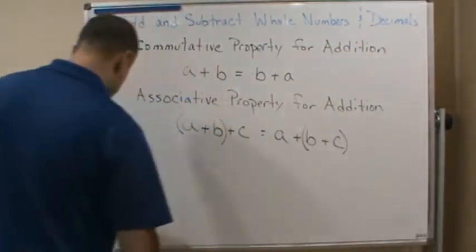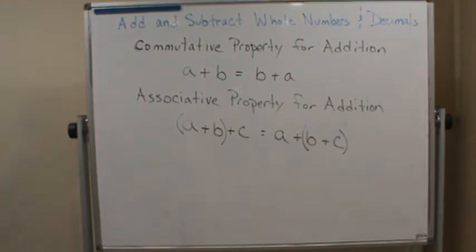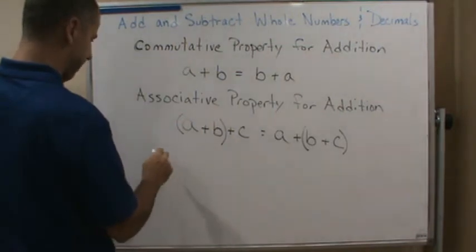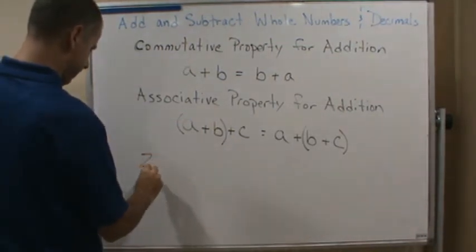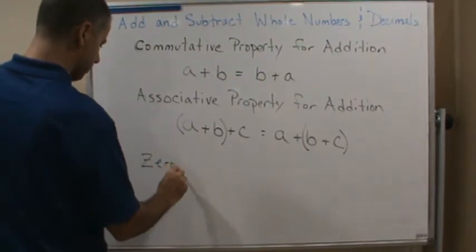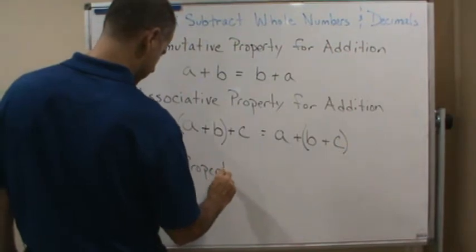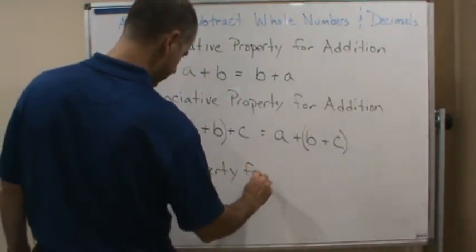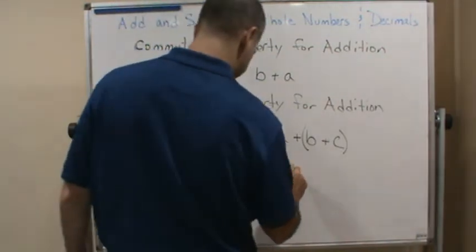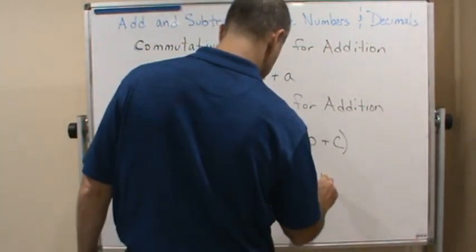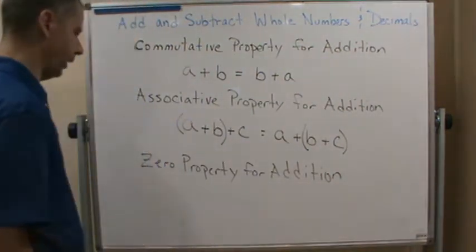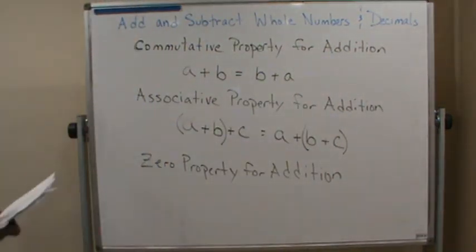Now, there are a couple of other properties we want to know. One of them is called the zero property of addition. What does the zero property mean?